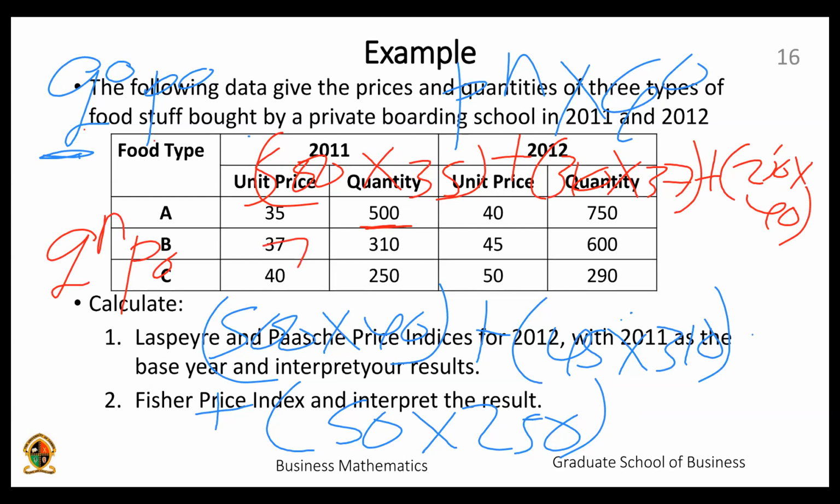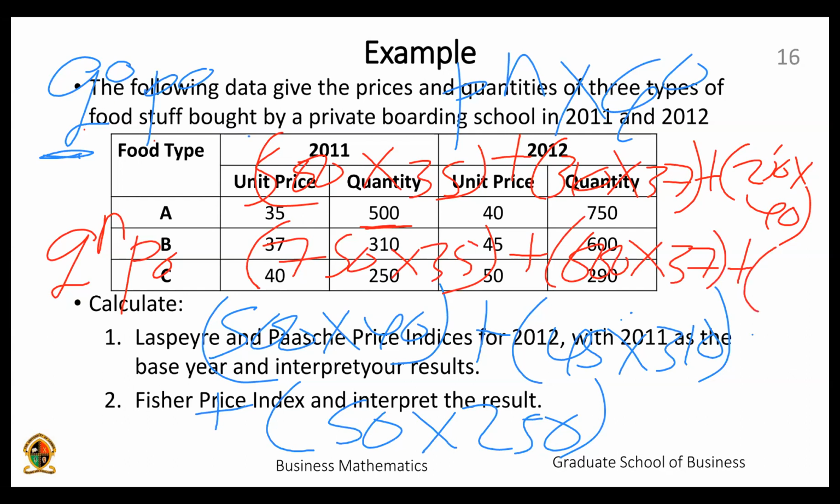So you say 750 times the corresponding old price, the price for 2011, 35 for good A. We go to good B, the new quantity will be 600 for 2012 times the price of 37 for the other period, plus again 290 times the old price 40, just like that. So you are multiplying and it will give you this column for Qn P naught, and you sum everything.